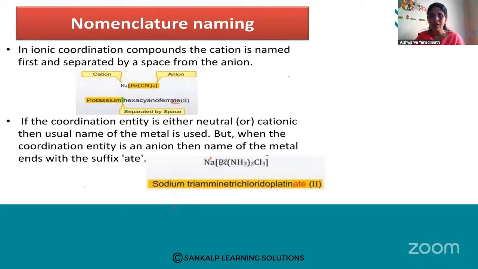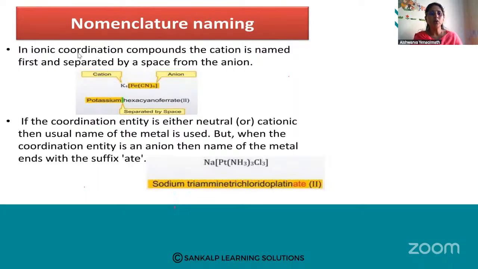For example, here it is Pt, that is platinum. If it were a cationic complex, you would have written it as platinum only. But here it is an anion complex, therefore you will write it as platinate. And this is the oxidation number of that platinum, right? So this is another rule of naming the coordination compound.